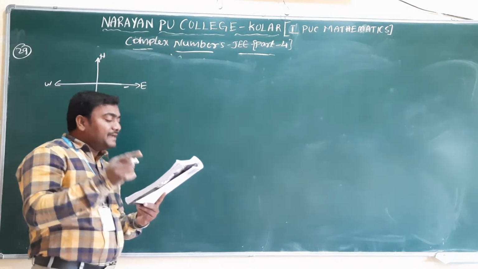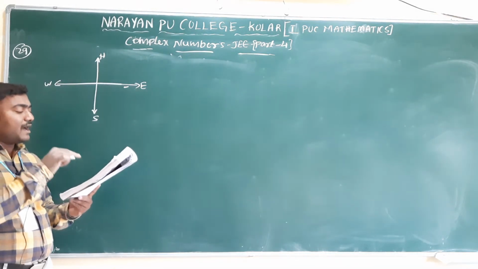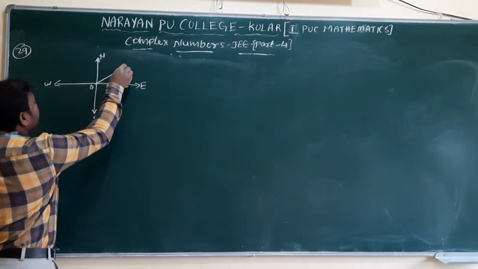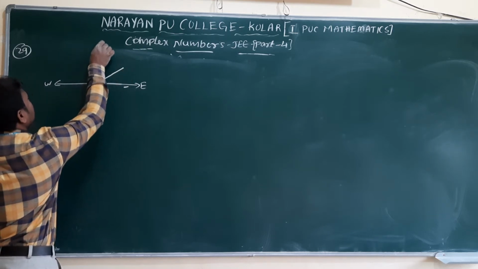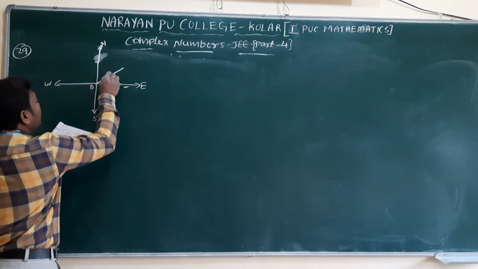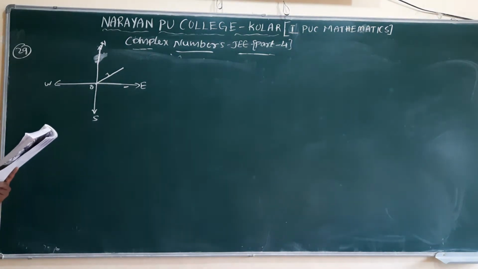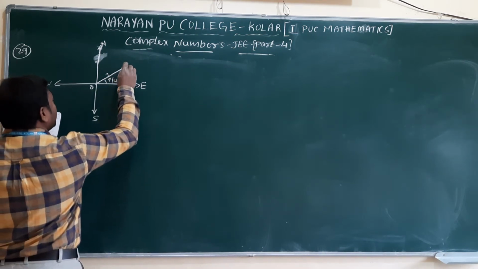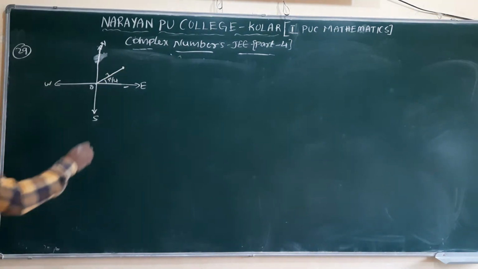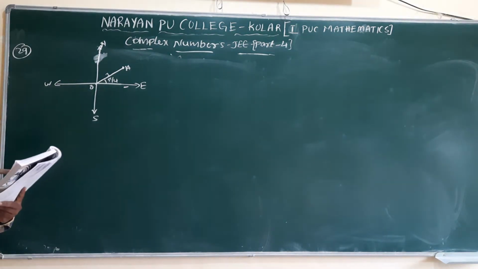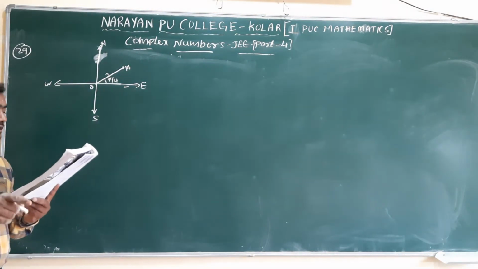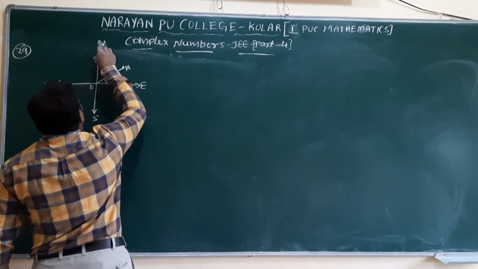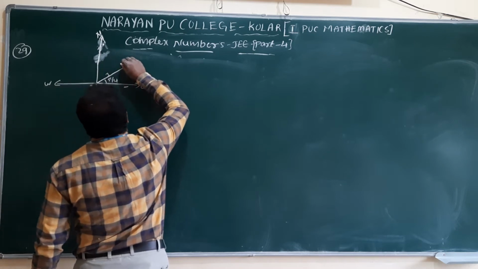Here a man walks a distance of 3 units from the origin towards the north-east, at a direction of π/4 angle. So this is the origin point, and at a distance of 3 units we take the point A. Again, from there he walks a distance of 4 units towards the north-west.